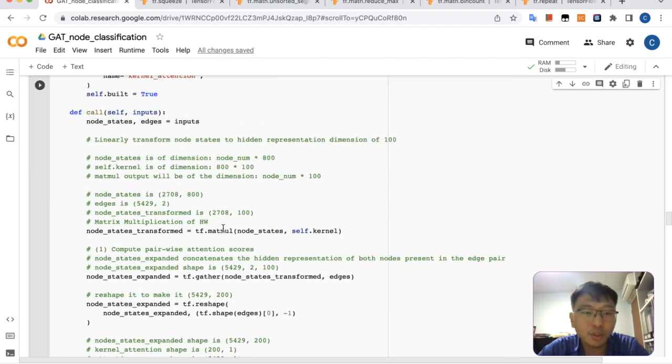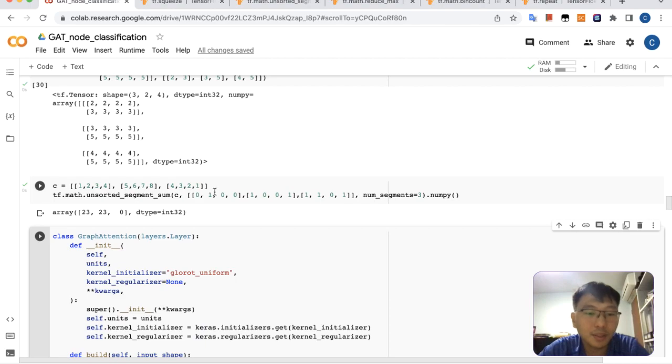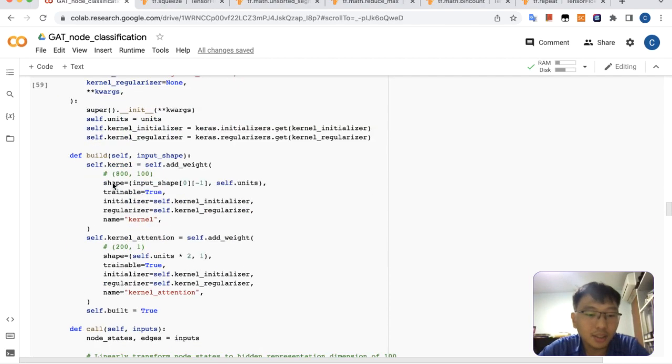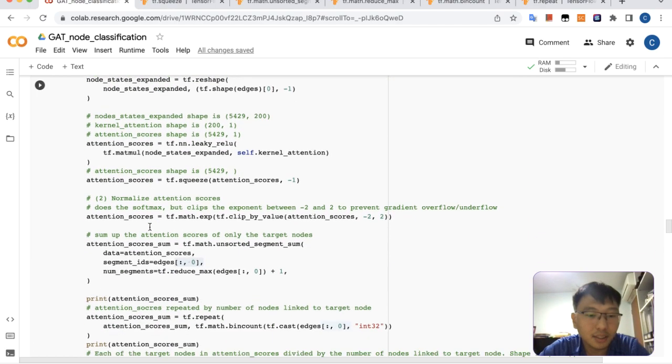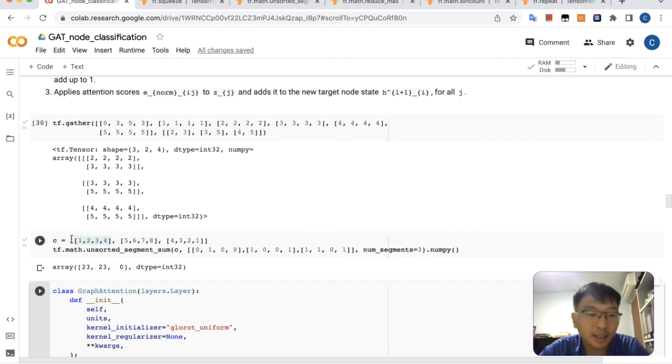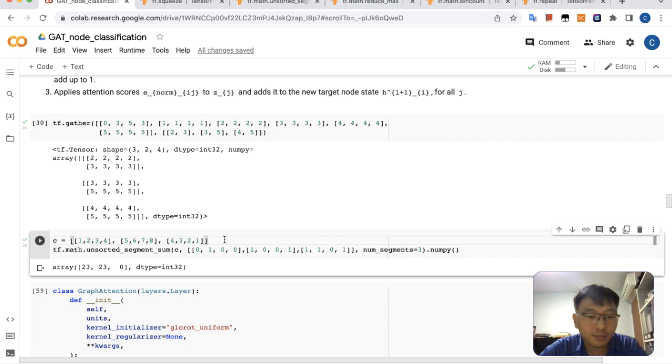Okay, so I'll try to implement this up here. Let's try to keep it similar to this context here. Our attention scores data is 5429, so let's just make it an array of a few numbers.